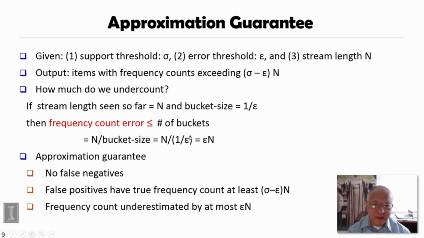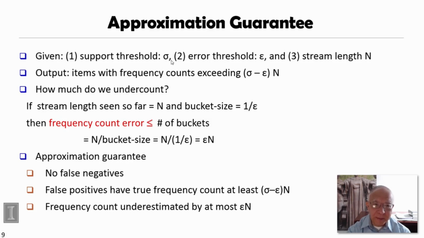Then we look at lossy counting. It has an interesting property we call approximation guarantee. The first thing is there are no false negatives. Simply says if the item is frequent, it will be captured and output. Why? If your item is frequent, that means your total support should be sigma times n or more.